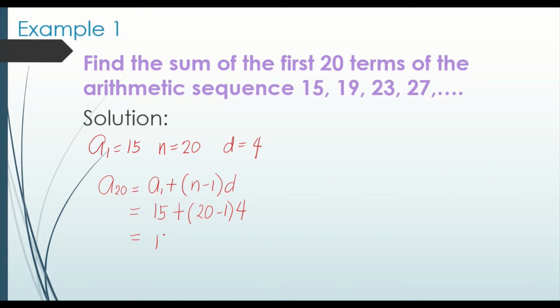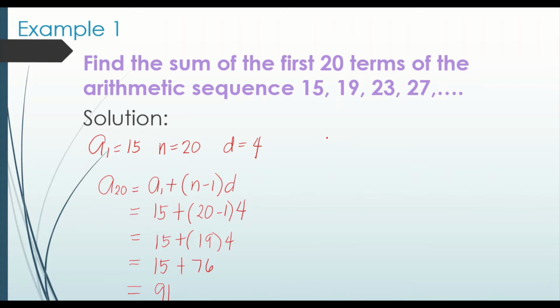That is equal to 15 plus 20 minus 1 is 19 times 4, which is 15 plus 76. Then 15 plus 76 is equal to 91. Therefore, our a sub 20, or the last term, is 91.